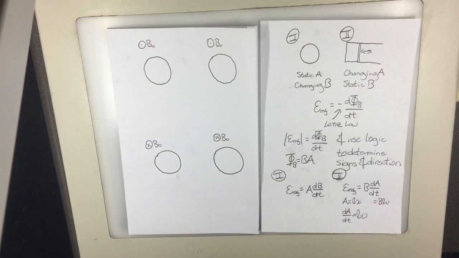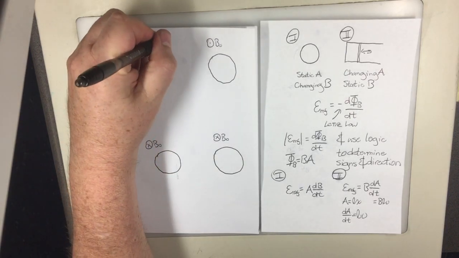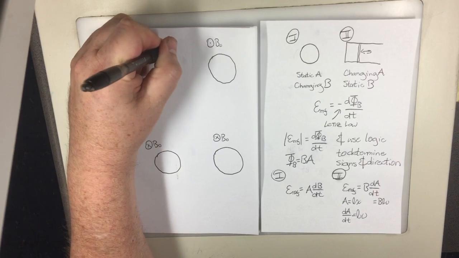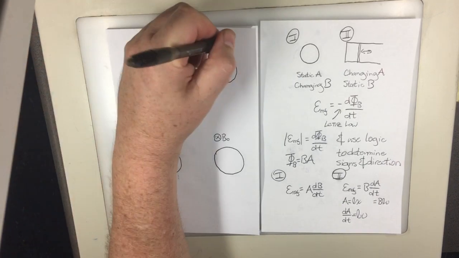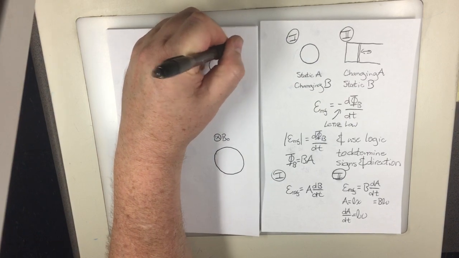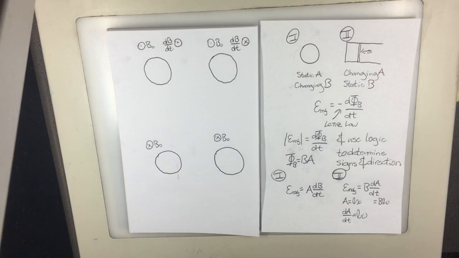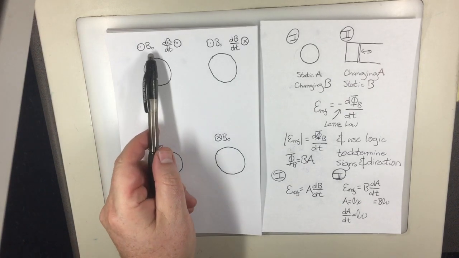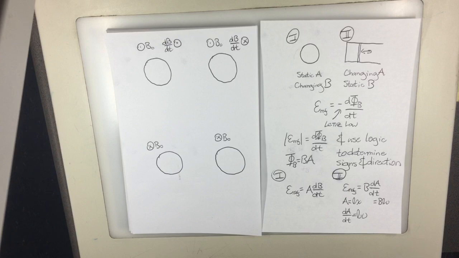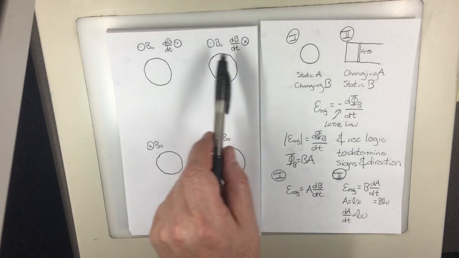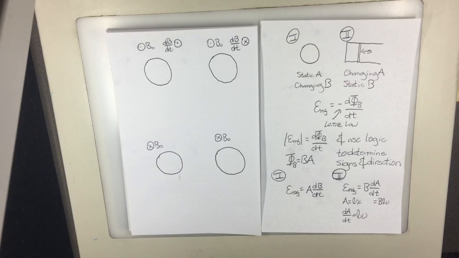There are several different arrangements for something like this: dB dt is out, or dB dt is in. In a case like this, the field goes 2 Tesla out of the page, 3 Tesla, 4 Tesla, and so on. For something like this, it starts off at 2 Tesla out of the page, 1 Tesla out of the page, no magnetic field, etc.